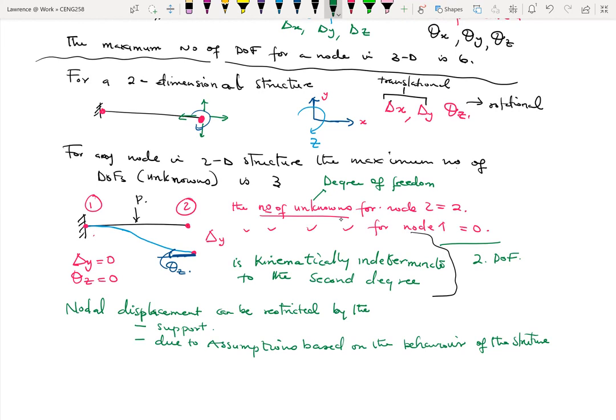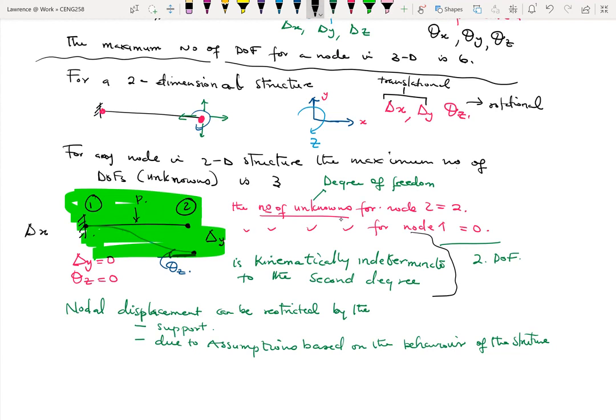In the case of assumptions based on the behavior of the structure, for example for beams, when I was discussing this one right here, I did not mention anything about delta x.